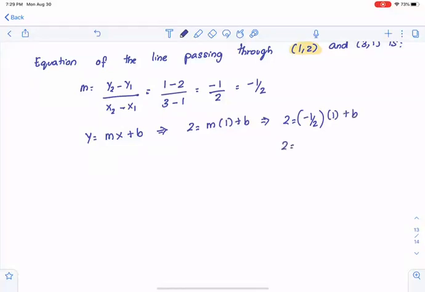So 2 equals negative half plus b, which would mean b is equal to 2 plus 1/2, which is 2.5 or 5/2. So the equation of the first line is y equals negative 1/2x plus 5/2.